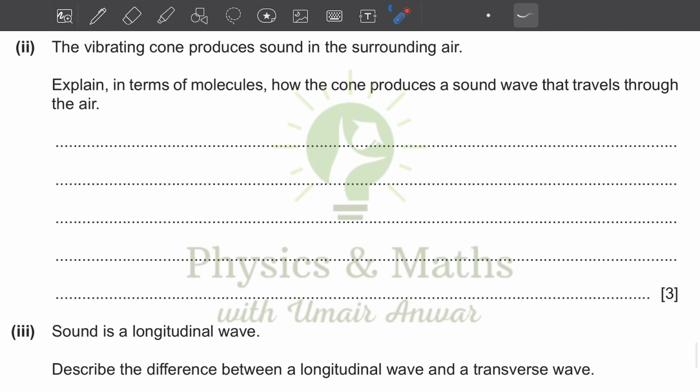The next part says the vibrating cone produces sound in the air. Explain in terms of molecules how the cone produces a sound wave that travels through the air.